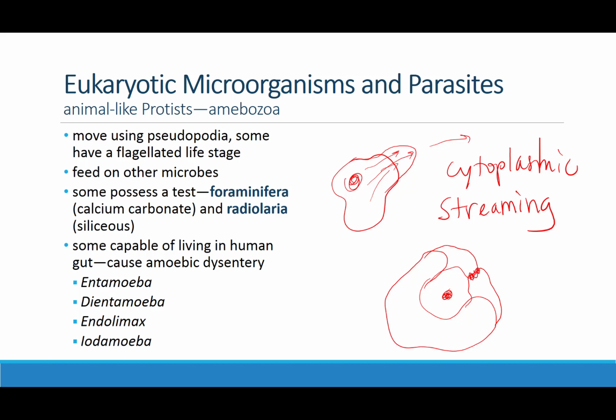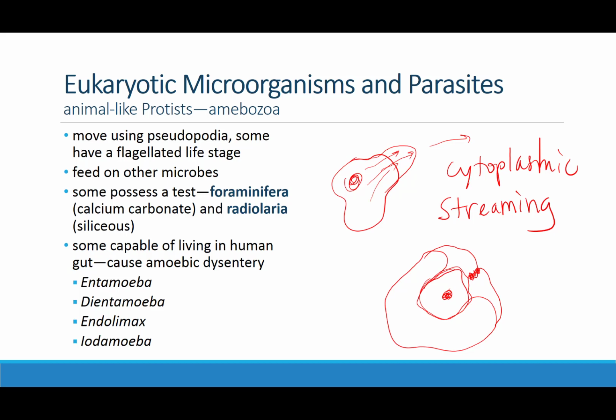So where I've just scratched it out, you should pretend like you can't see anything there. And now we have a food vacuole inside of the amoeba and it can digest it. There's a great video online of amoeba eating protists. Maybe I'll show some of those to you this evening.